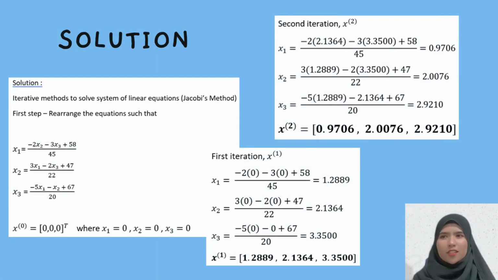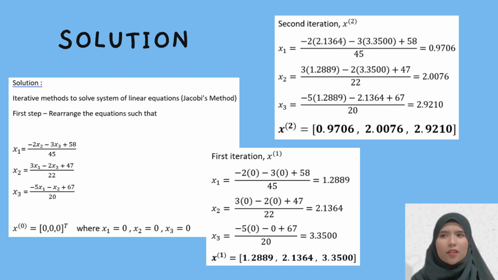For the solution, we use the iterative method to solve a system of linear equations by Jacobi's method. First step, we rearrange the equations such that x1 equals negative 2x2 minus 3x3 plus 58 divided by 45.